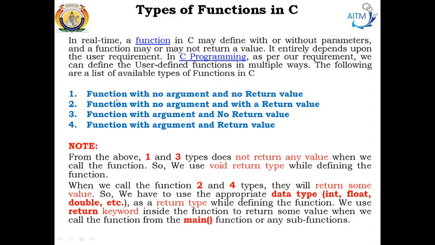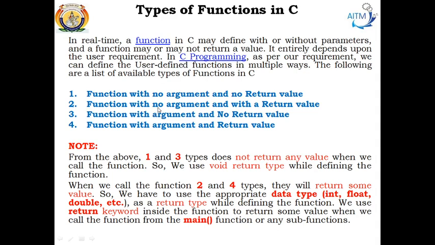The first type is the function with no arguments and no return value. This type of function will not have any arguments, nor is the function going to return any value. The second type is the function with no arguments and with a return value.